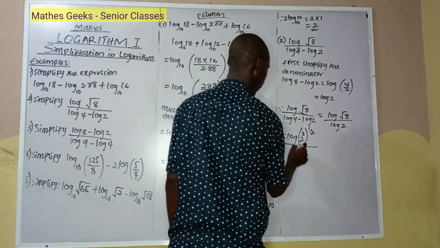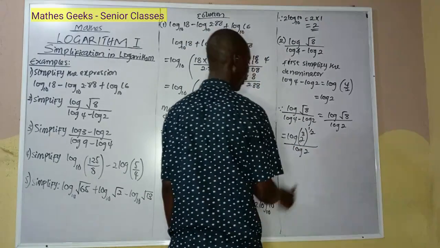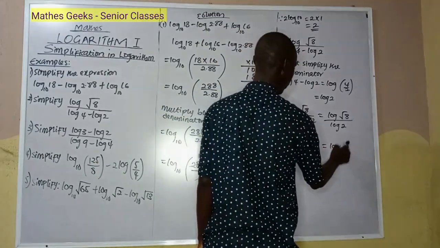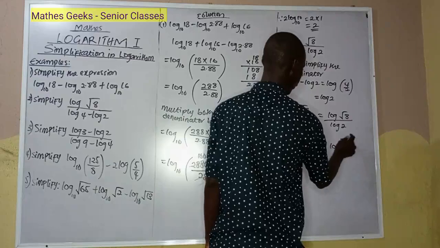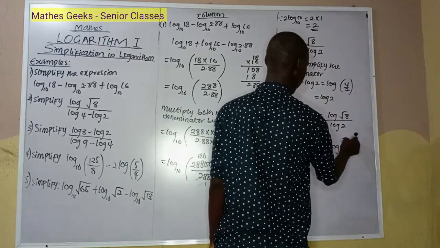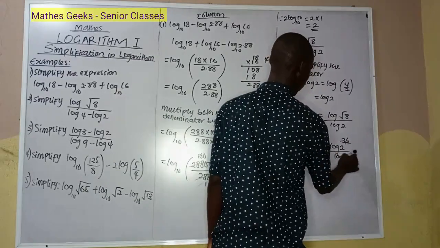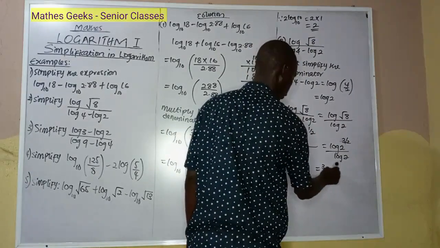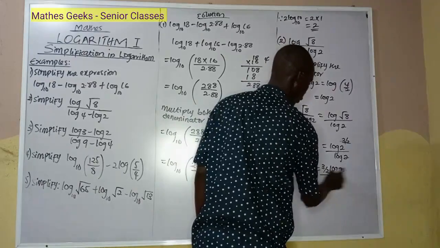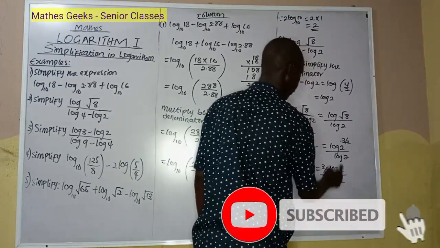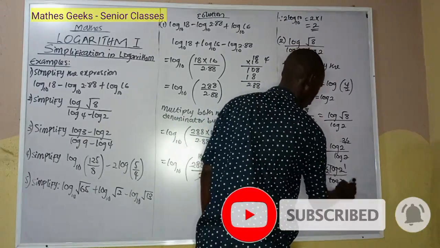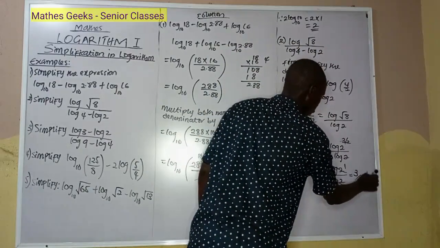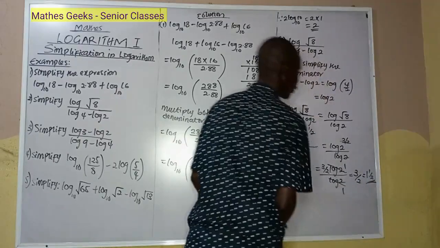So 3 times 1 over 2 will give us log 2 raised to 3 over 2, divided by log 2. And this will give us 3 over 2 log 2 over log 2. So log 2 will cancel log 2, and you have the final answer to be 3 over 2.